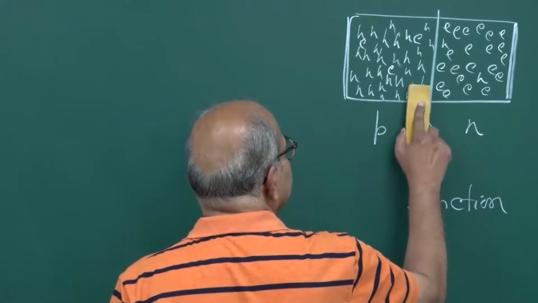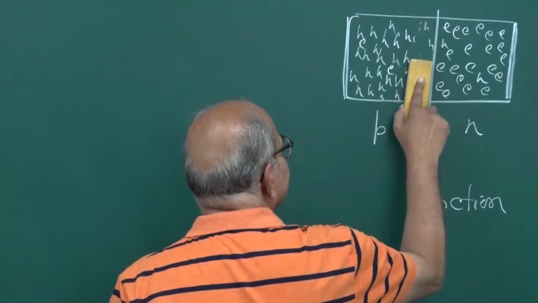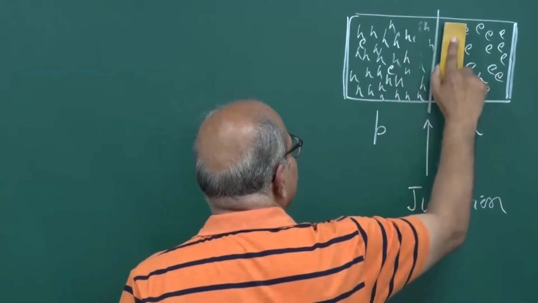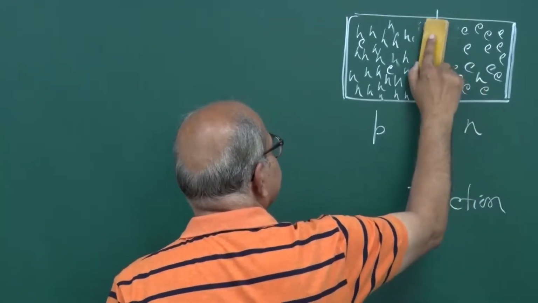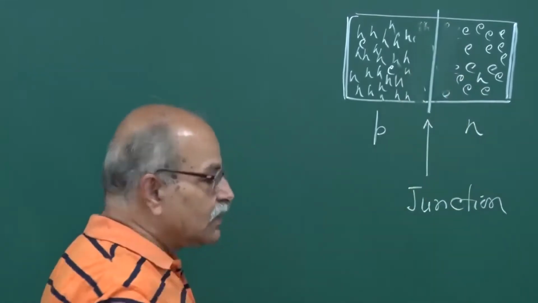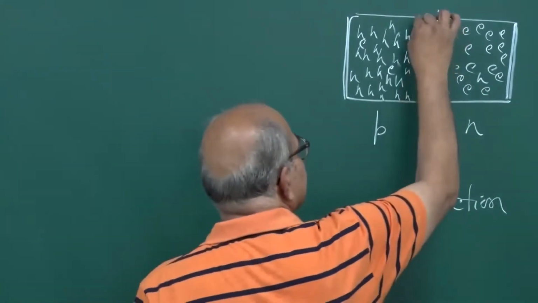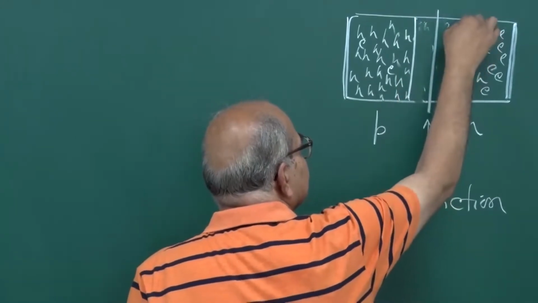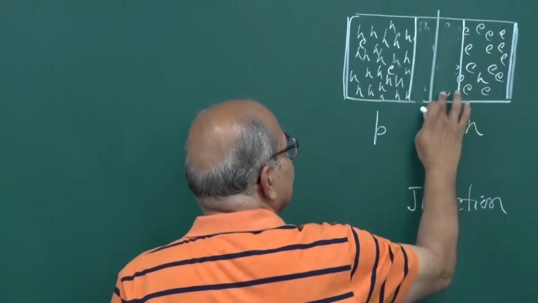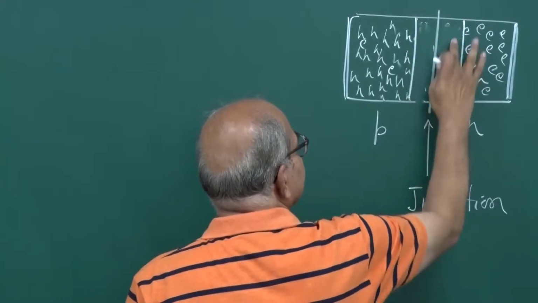There is some region on the two sides of this junction where you do not have charge carriers.